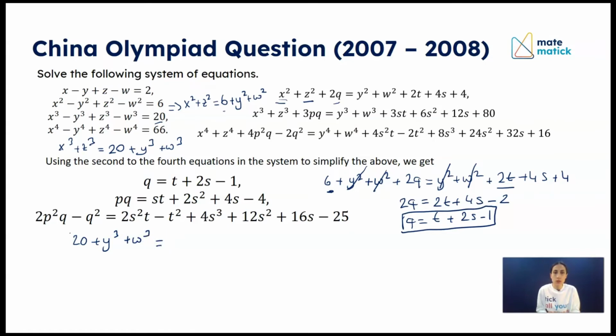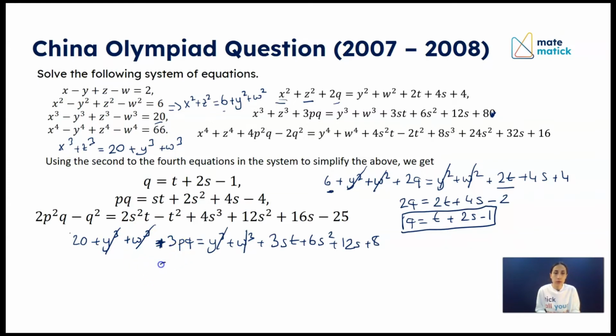So this is, of course, plus, it is not over yet, because here we have 3pq, and this is equal to y cubed plus w cubed plus 3st plus 6s squared plus 12s plus 8. This is wrong, this will be 8, okay. So now these y cubed and w cubed, they cancel out each other. So what do we have here?